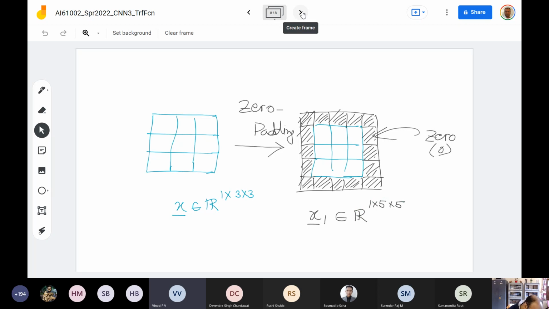Okay, now let us look into that convolution. In that case, this resultant over here is going to look like what? I have a core region of 3 cross 3, which got expanded into this 5 cross 5.